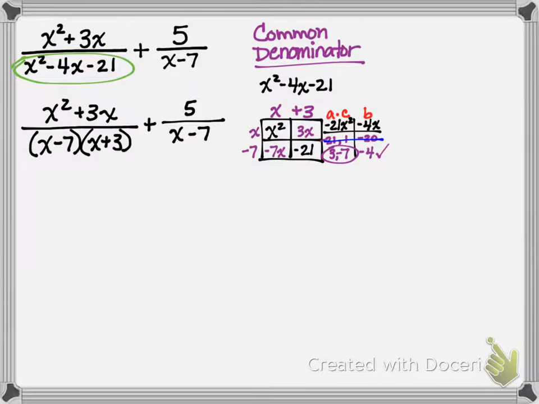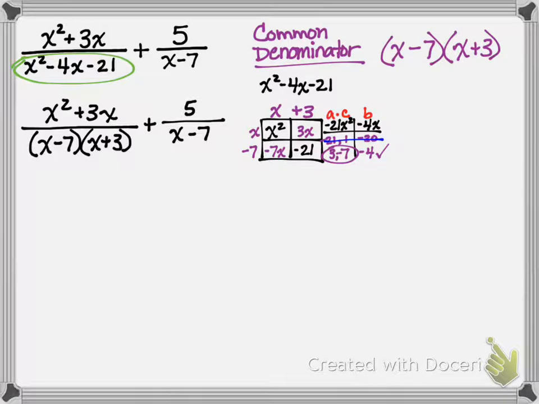All right, so looking at it now, things that they both have in common, they both have an x minus 7. So that's going to be part of my common denominator. And then the first denominator also has an x plus 3.